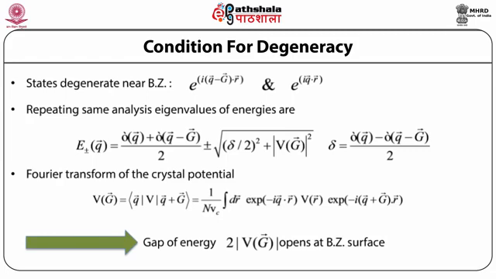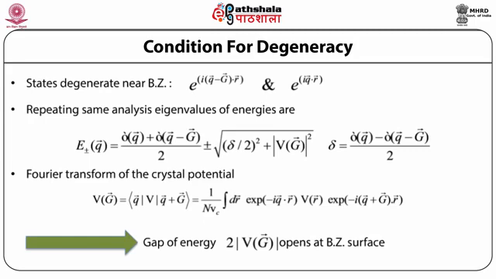E plus minus Q is equal to (ωQ plus ωQ minus G) divided by 2 plus minus under root of (δ divided by 2) whole square plus mod of Vg whole square, where the small delta is (ωQ minus ωQ minus G) divided by 2. So there are now two eigenvalues, E plus and E minus, corresponding to this sign plus and minus.